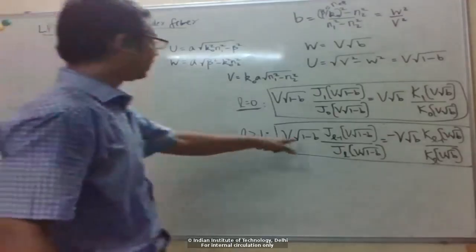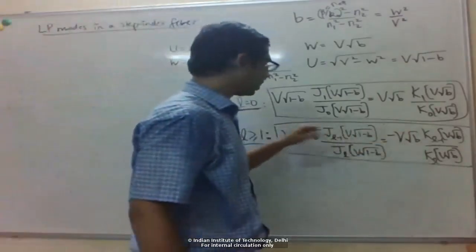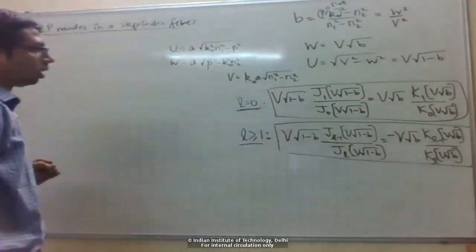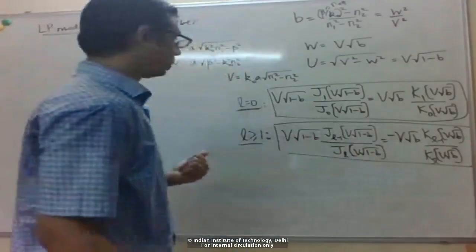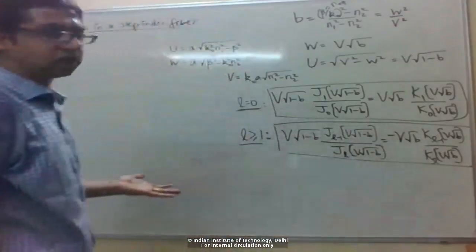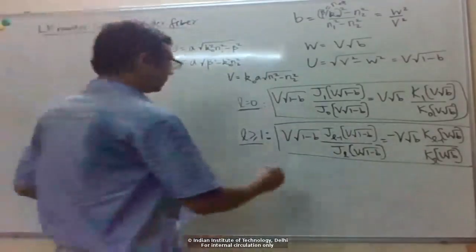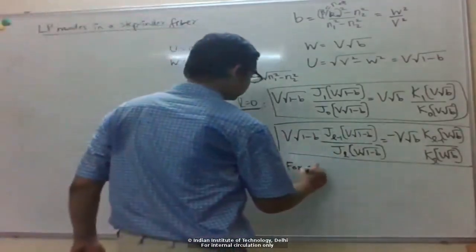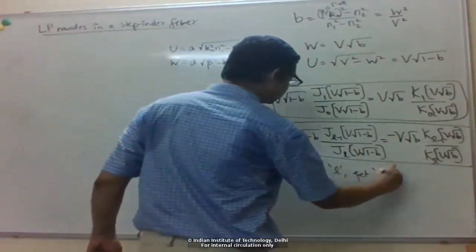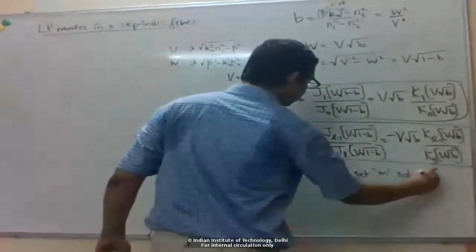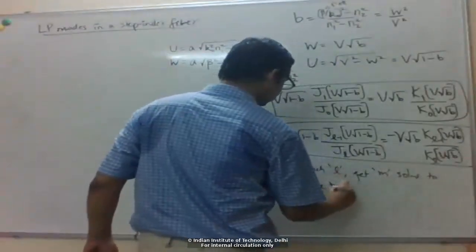Okay, so for a given L, you have one particular equation, and for one particular L value there will be some finite number of solutions. So for each L, we get M solutions to this transcendental equation.